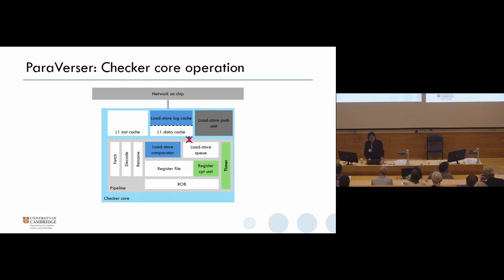Then instead of asking the data cache for anything on memory accesses, we send requests to the load store log cache, which forwards information onto the load store comparator, where memory access addresses or store values are compared and checked for any error. Then when the timer indicates that we are at the end of the segment, we compare the register values against the end of segment register checkpoint to detect any errors on those values.